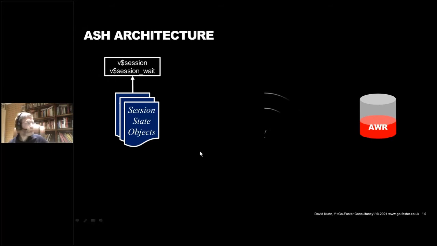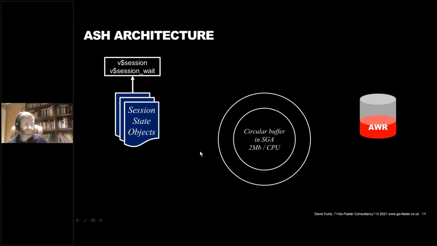So when ASH was implemented, they architected an in-memory buffer. And they talk about this as being a circular buffer, and it was sized at 2 megabytes of memory per CPU. And they introduced a new process, MMNL (M1 Lite).